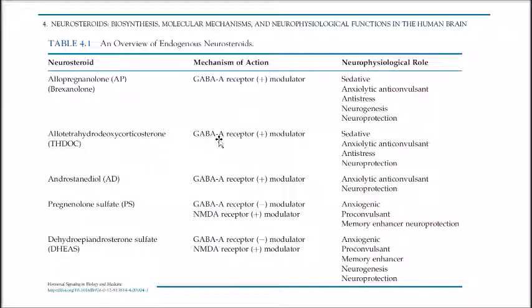Now, all of these things have been looked at at the level of animal studies. We don't know where they are in the pipeline as far as the treatment of human disorders, but certainly it's possible that allopregnanolone or brexanolone is sort of the first of many treatments to come.